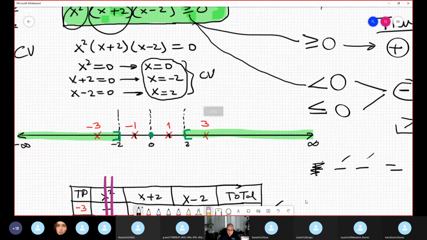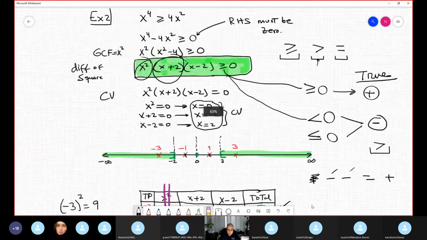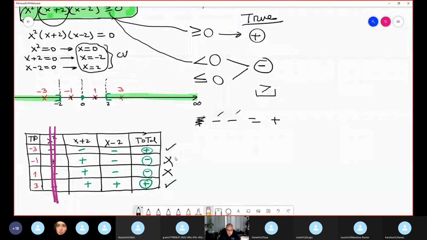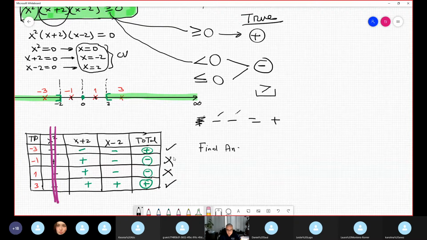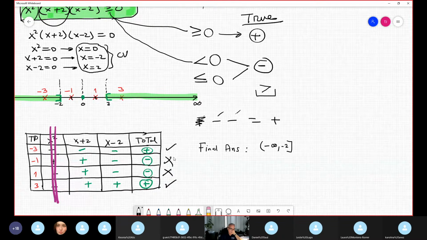So what is my final answer in interval notation? Final answer, guys. This is an important moment. The final answer is from negative infinity, comma, negative 2, bracket, in ascending order. The order is not important; you can put any order, but I highlight in this order, from left to right.